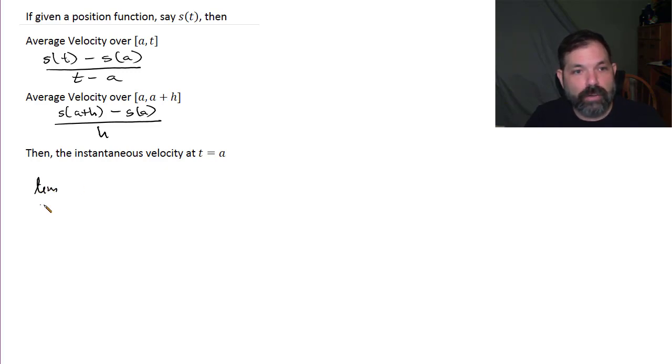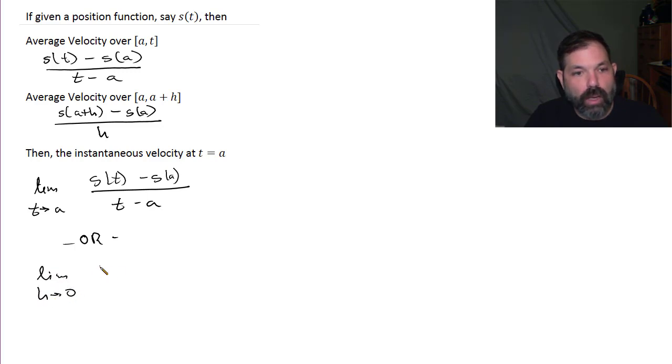So if we were to use the first definition, it would be the limit with t approaching a of s of t minus s of a over t minus a. Or, if we were using the second definition, it would be the limit with h approaching 0 of s of a plus h minus s of a over h.